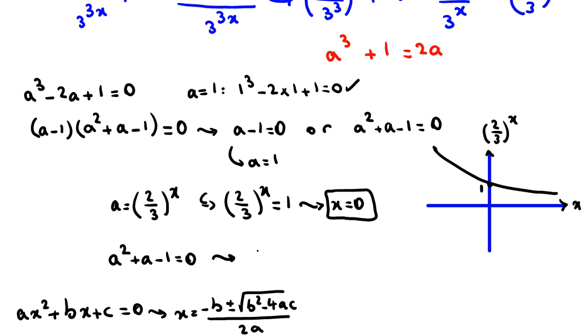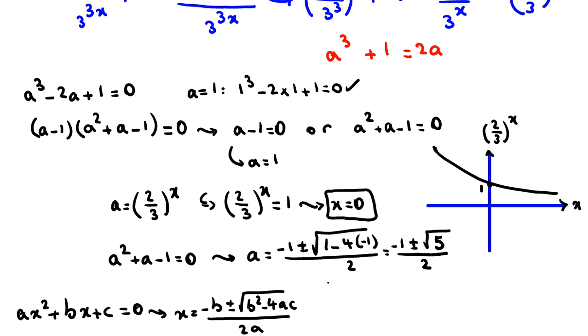Now here, if we use that, a is 1, b is 1, c is negative 1: negative 1 plus or minus root of 1 minus 4 times negative 1, all over 2, and it will be negative 1 plus or minus root of 1 plus 4, which is root 5, over 2.